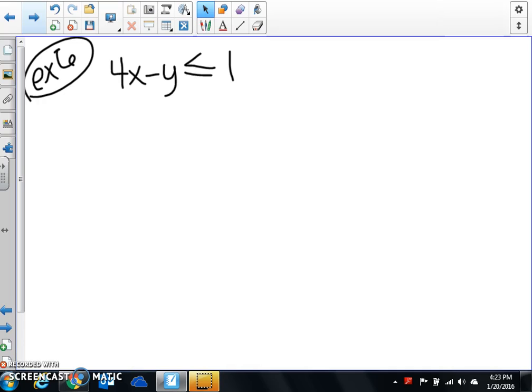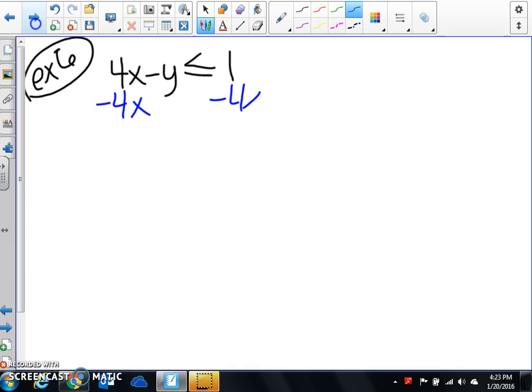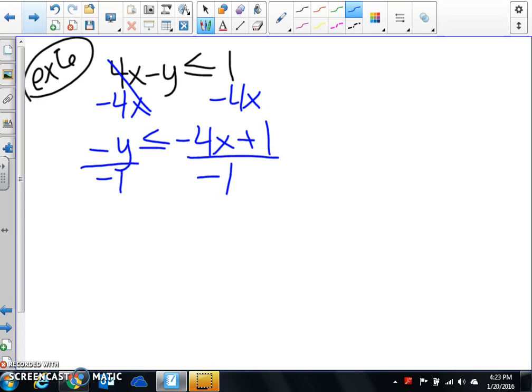So I start by putting it in slope-intercept form. I subtract my 4x over. That's negative y is less than negative 4x plus 1. And then I have to divide by negative 1. When I divide or multiply by a negative, I flip the inequality. And this is y is greater than or equal to 4x minus 1.